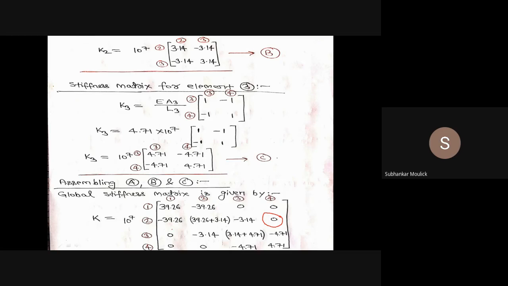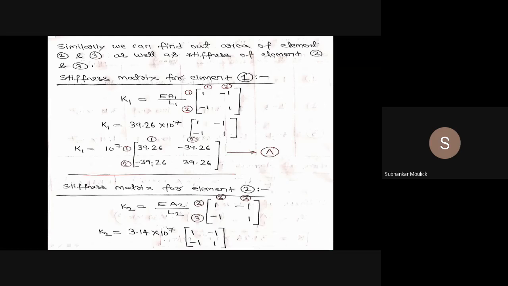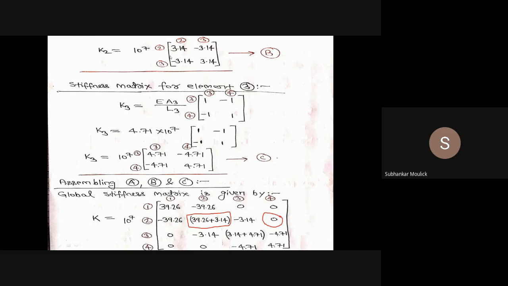Now let us substitute this particular value, that is second row and second column, from equations A, B and C. From A, I can see that second row and second column is 39.26. Then from equation B, again second row and second column is there, that is 3.14.